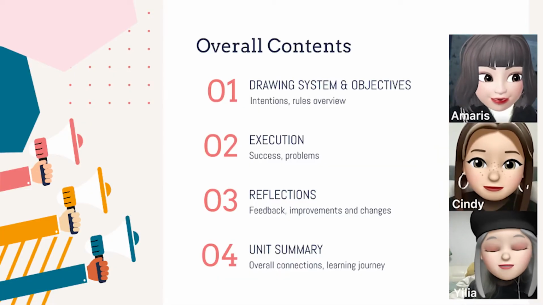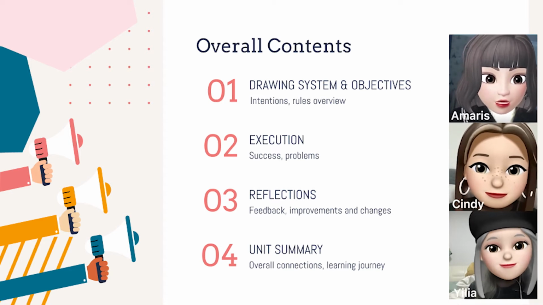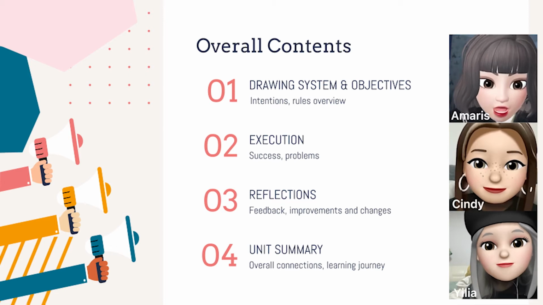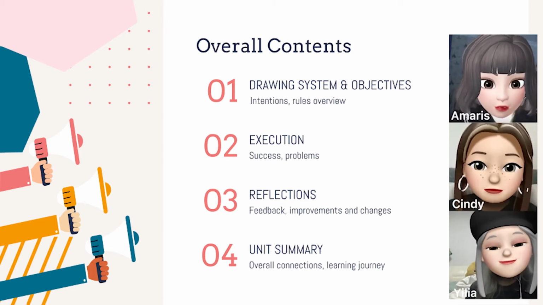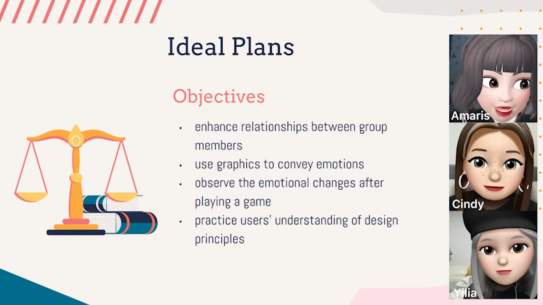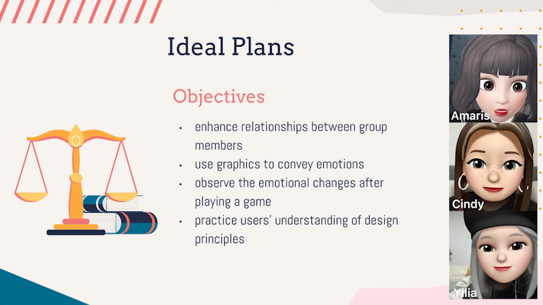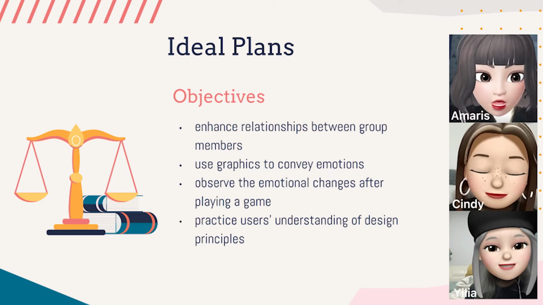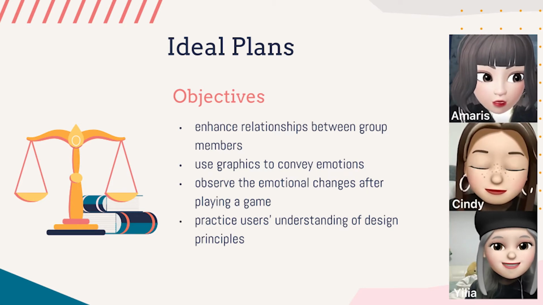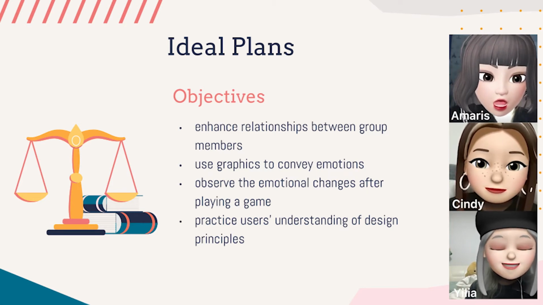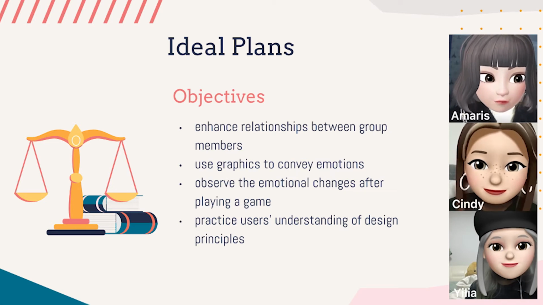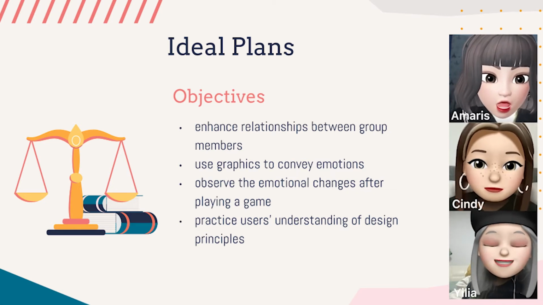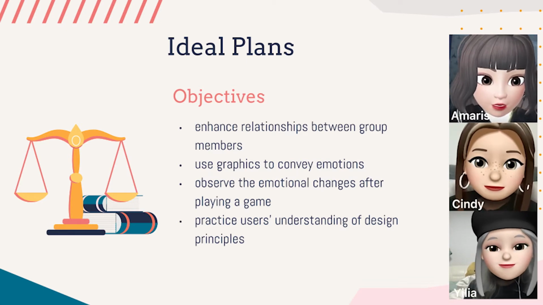As you can see, the contents including initial planning, execution, reflection, and the summary will all be discussed soon. The first thing that we are looking at is the objective. So the initial planning on our project is to enhance the relationship between the implementers and also observe how their emotions will change after playing a game together.